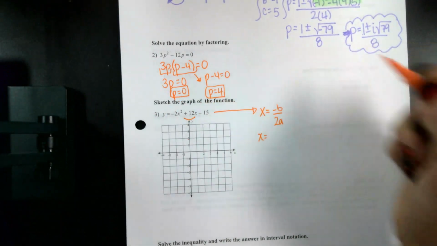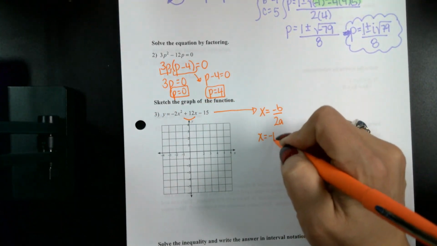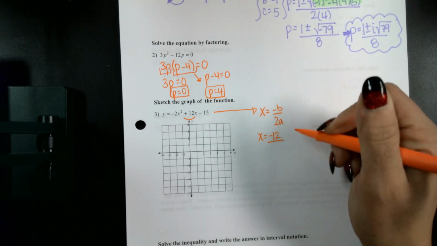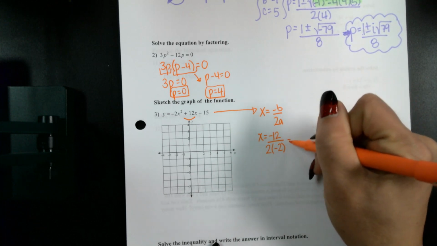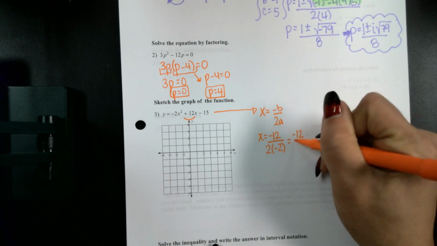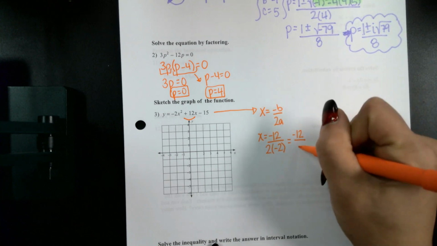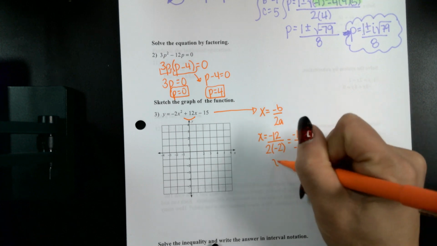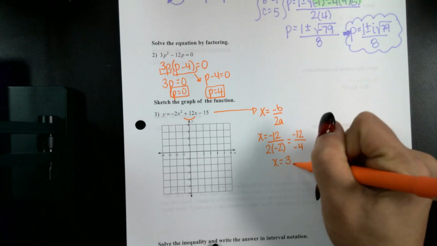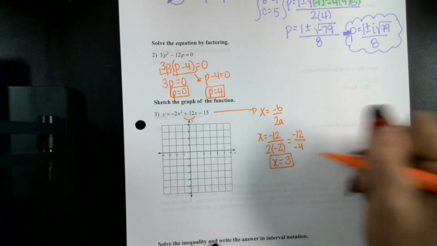Opposite of b, so the opposite of 12 is negative 12. That's what would go up top. And on the bottom, it's 2 times a, which was negative 2. So what is 2 times negative 2? And then negative 12 divided by negative 4 is positive 3.